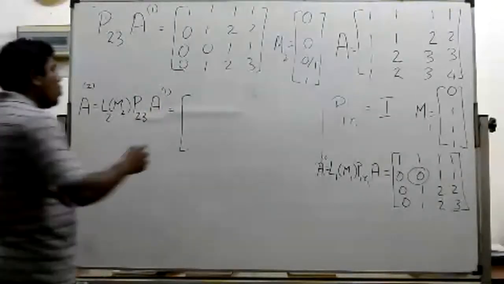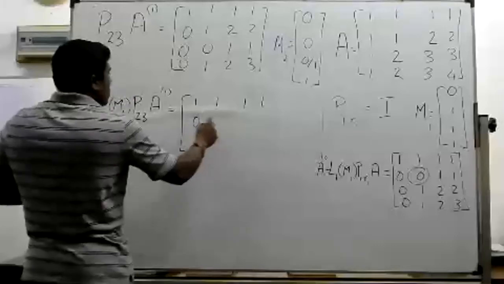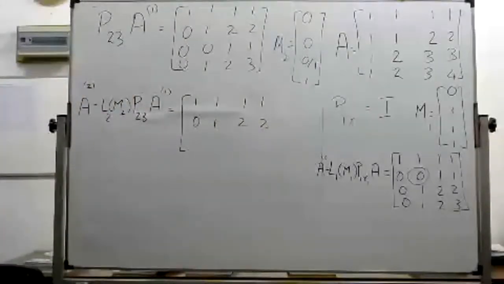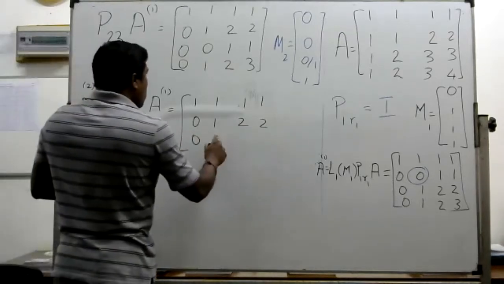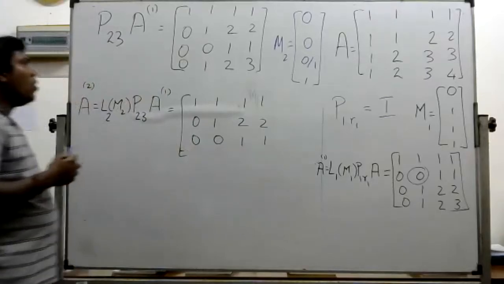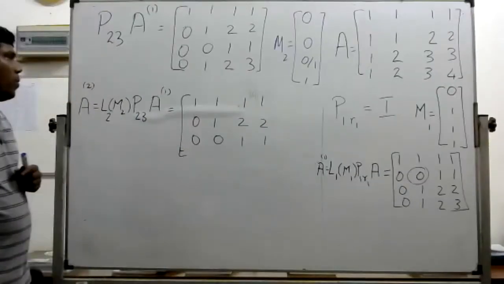I know my first two rows do not change. So 1, 1, 1, 1, 0, 1, 2, 2. The third row I multiply by 0, so again no change. So 0, 0, 1, 1. And then the last row minus the first row. Sorry, last row minus the second row.